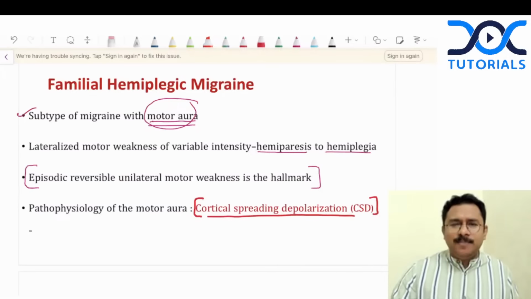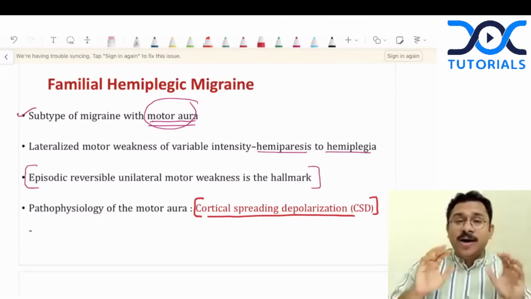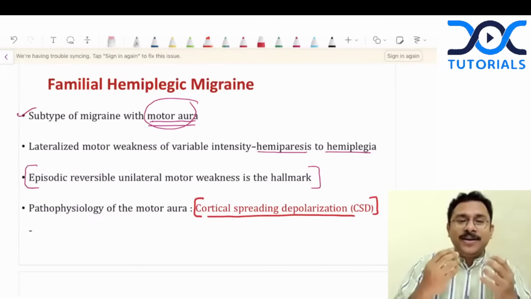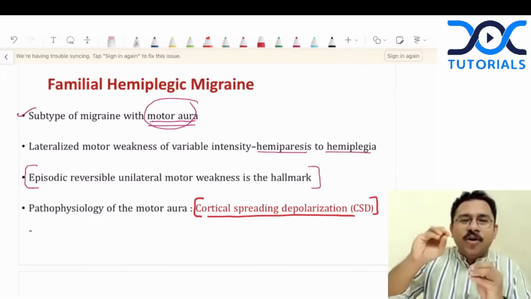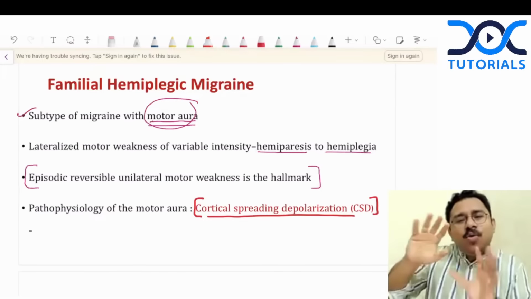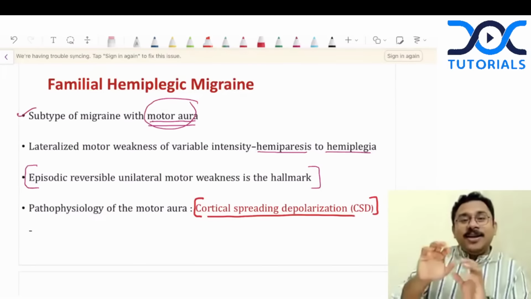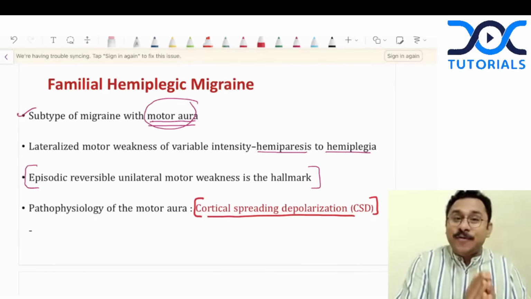What does that mean? See, in migraine, you get this aura, right? Visual aura, auditory aura, olfactory aura. This aura occurs because in your cortex, there is some sort of depolarization that slowly spreads. Cortical spreading depolarization. That's the mechanism of aura.